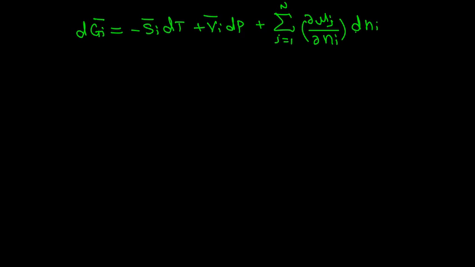Okay, so this is how the partial molar Gibbs free energy varies, and its dependence on T, P and ni.